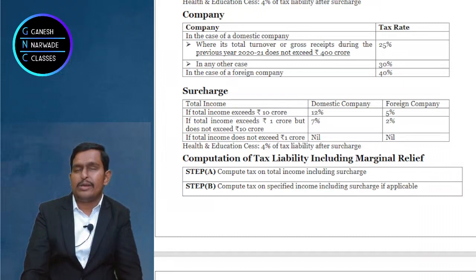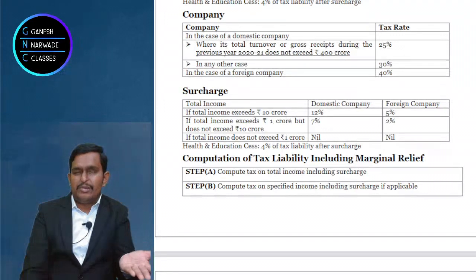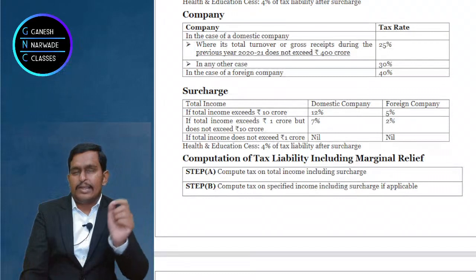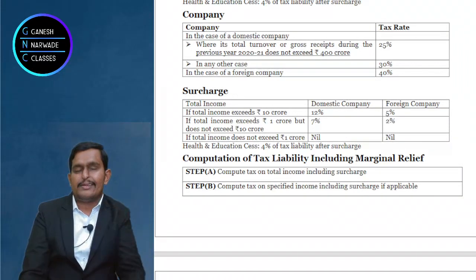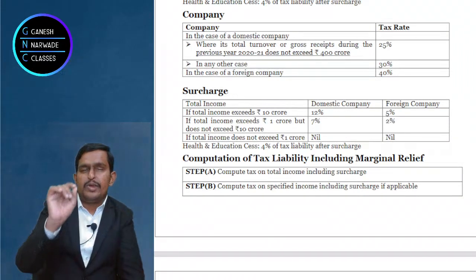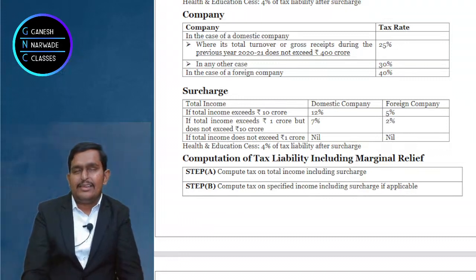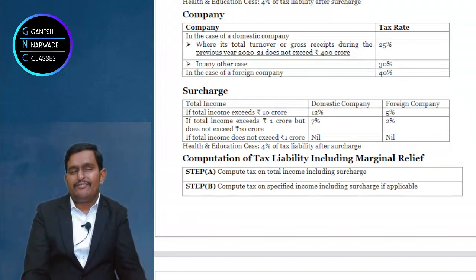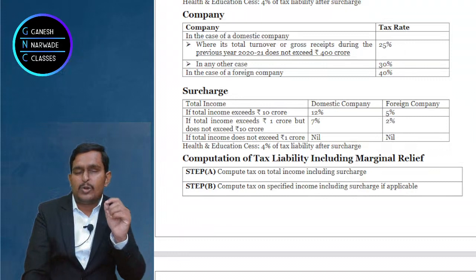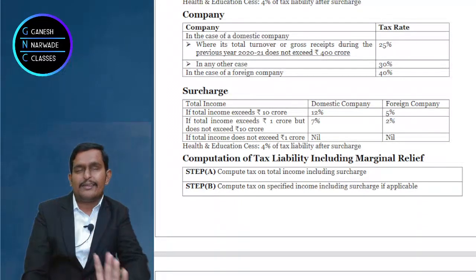Already we are getting so much tax. So government said if their income is more than 1 crore, that is 1 crore 1 rupee to 10 crores, then 2% surcharge. If 10 crore 1 rupee or more than that, then 5% surcharge. If foreign company's income is up to 1 crore, no surcharge.